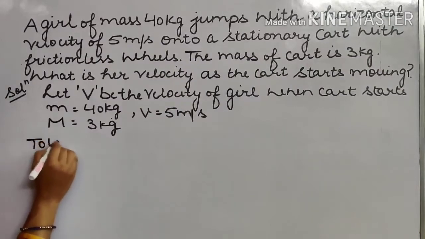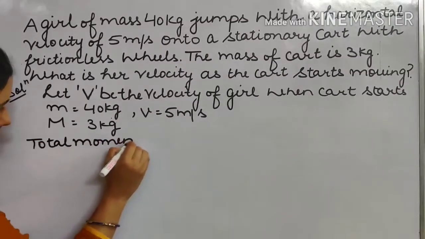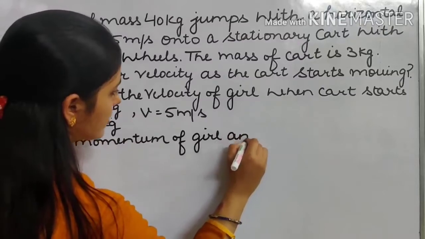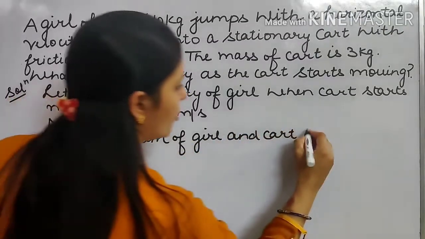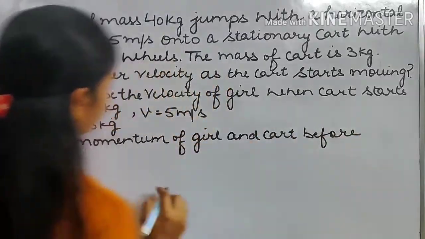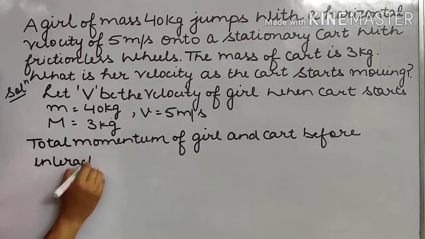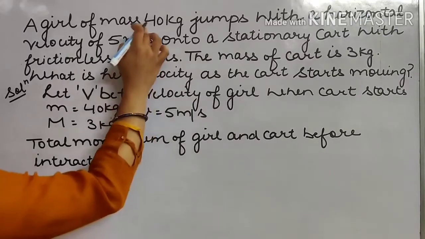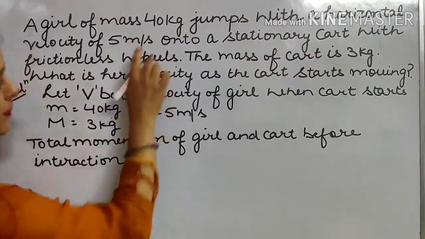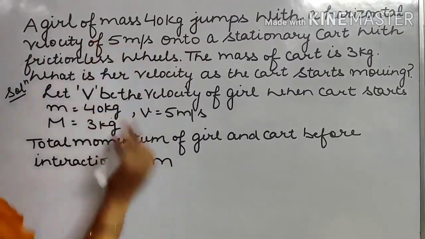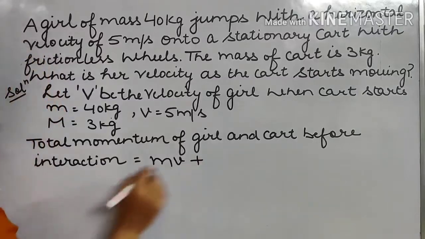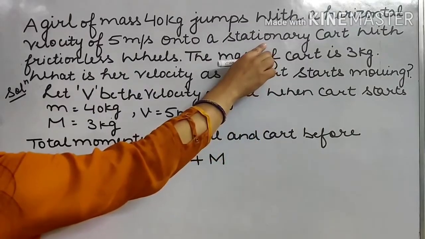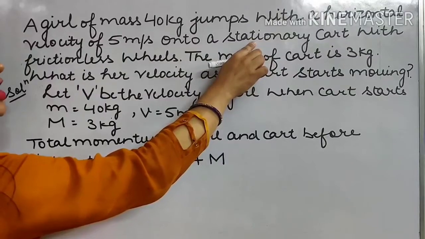The total momentum of girl and cart before interaction, that is, initially the momenta of the girl is mass of the girl, that is small m, and velocity small v plus mass of the cart, and velocity of the cart initially was 0 because cart was initially at rest.